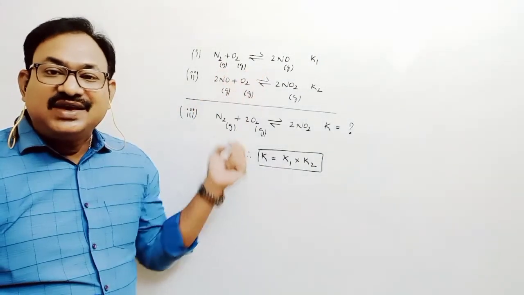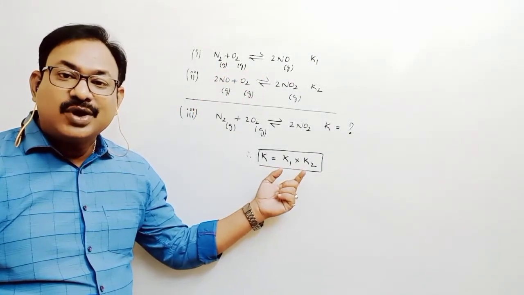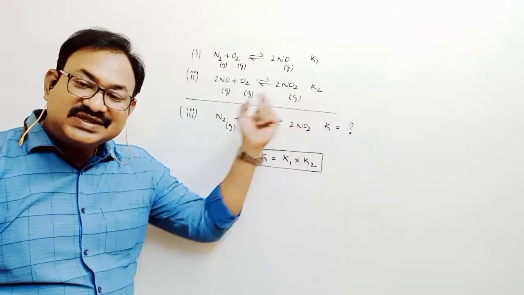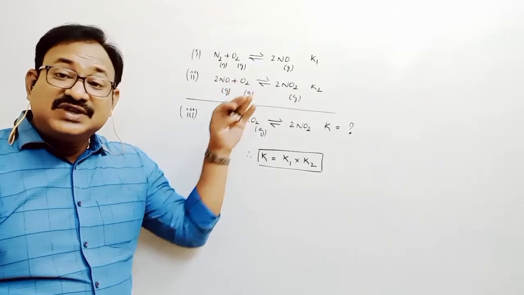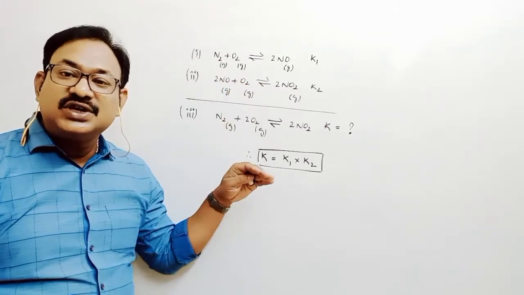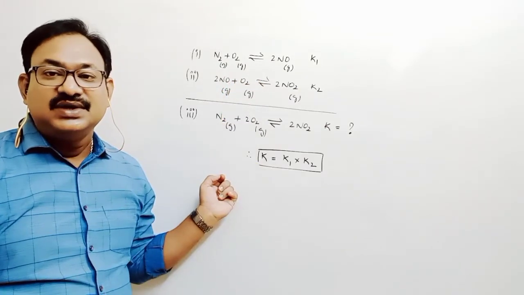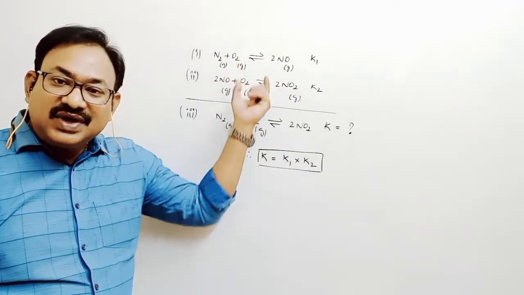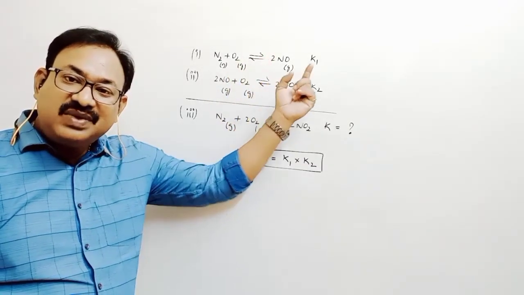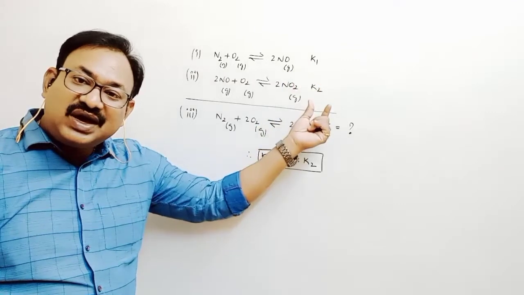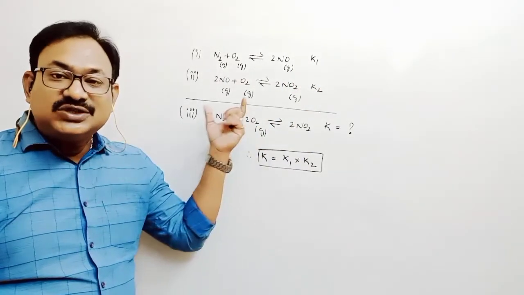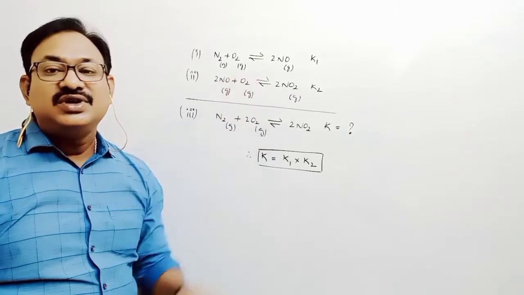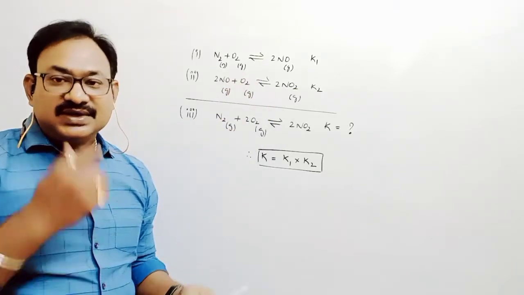When you add equations, you should take the product of equilibrium constants of individual steps. Similarly, if you subtract, then you should go for a division. Addition of two processes makes the product of equilibrium constants of the individual steps. When you subtract, you just go for division.